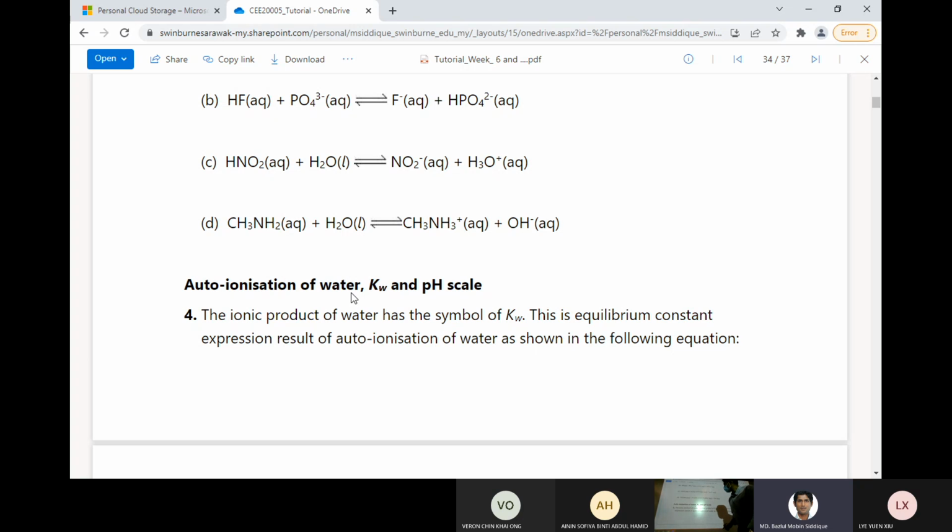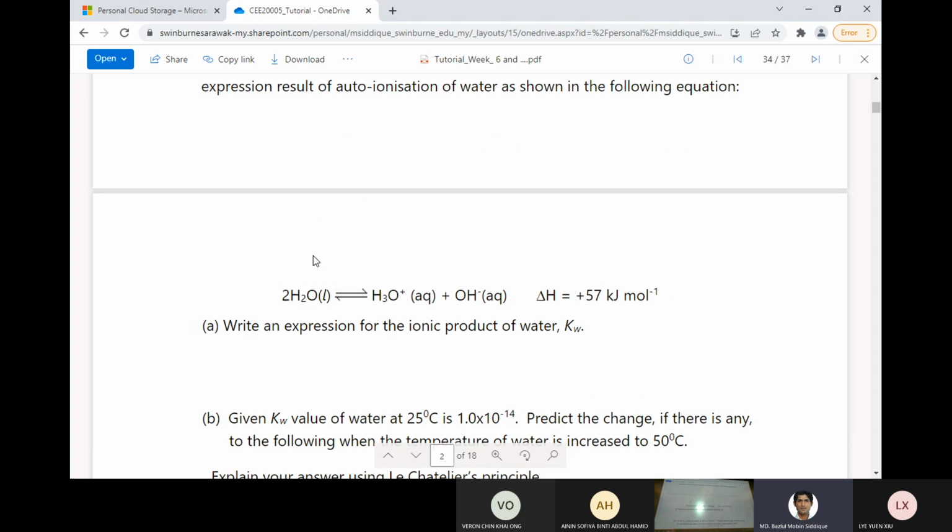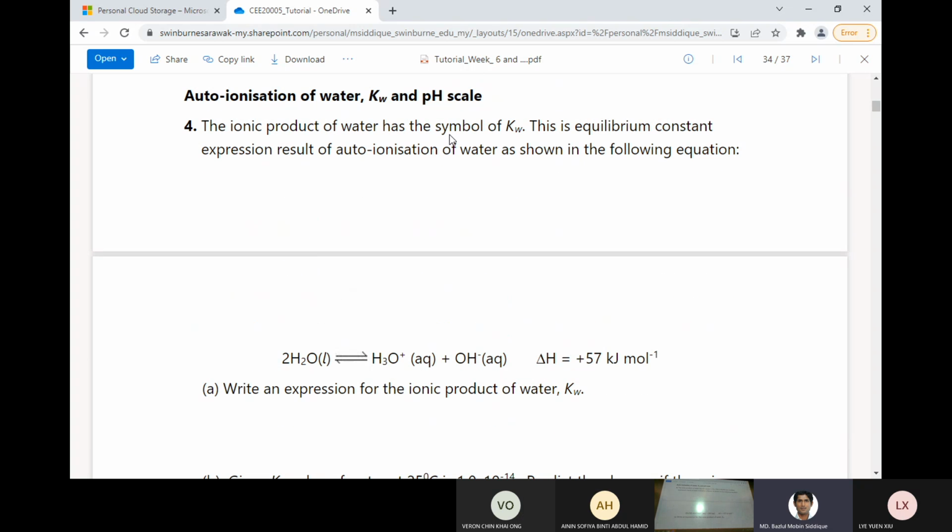Auto-ionization, I think we are entering the problem. The ionic product of water has the symbol Kw. It is the equilibrium constant expression resulting from auto-ionization of water, shown in the following equation. This is the equation for water that auto-ionizes in its natural state, and this is the enthalpy of the reaction.